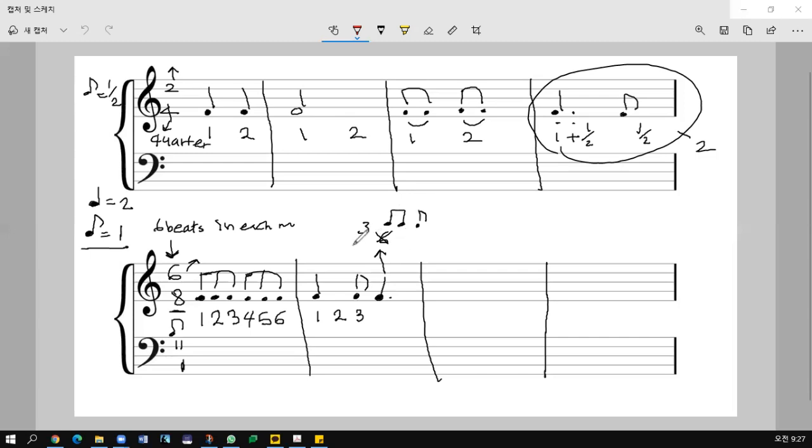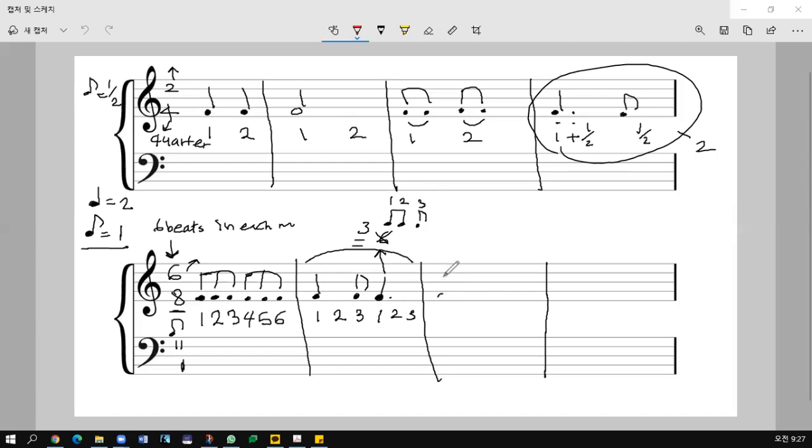So we have 3/8 notes in dotted quarter note, right? But here in a 6/8 song, we count this 1, 2, 3, okay? So here, if you put 1 dotted quarter note, it already satisfies 6 beats in this measure, okay?